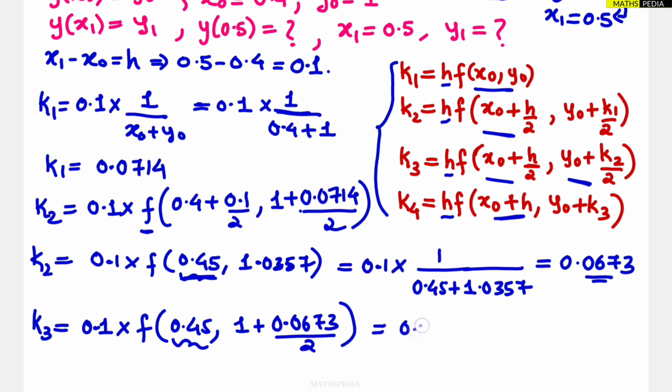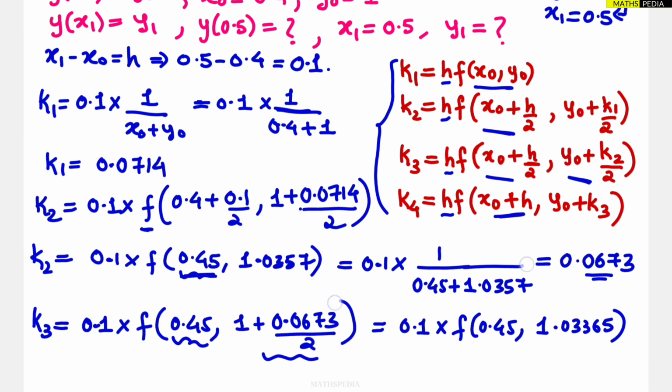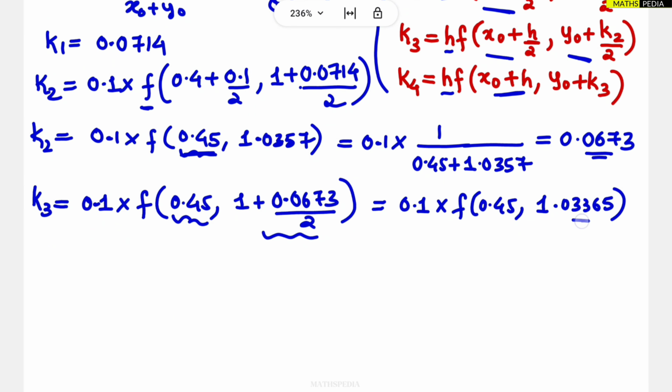Okay, so it is 0.1 into function of 0.45, comma, this segment I'll solve. It is equal to what? 1.03365. You can stop at 0.033 also, but if you take more decimal places, you will get more accurate answers.